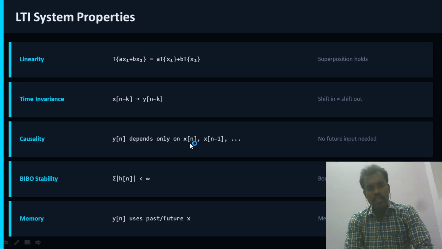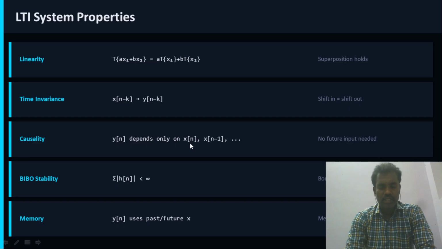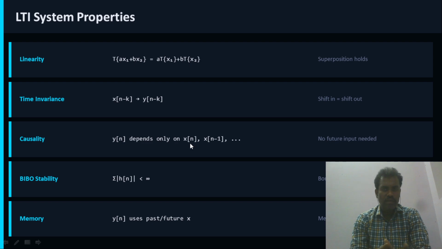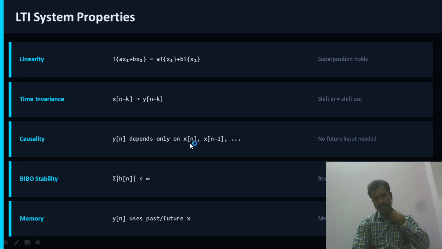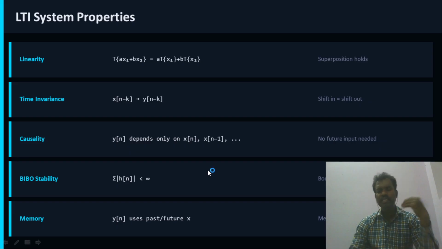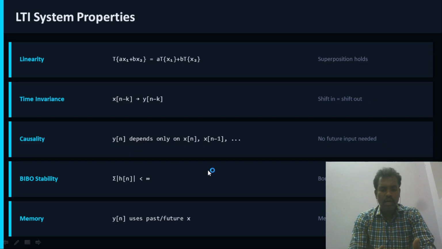Right? Next, stability of the system. Stability of the system is determined with a condition called BIBO stability. Bounded input, bounded output. For a system, if you give a bounded input, bounded means in terms of amplitude. At no instant should the amplitude of the signal be infinite. At all instants of time, the amplitude must be finite only.